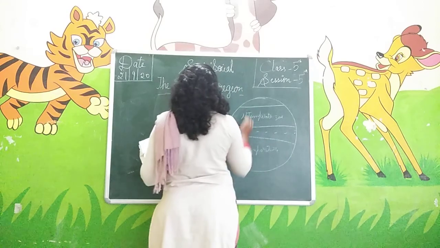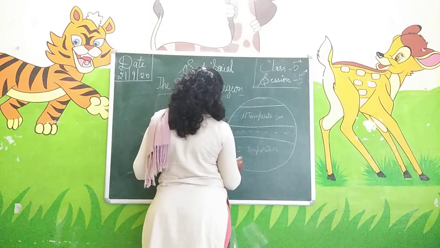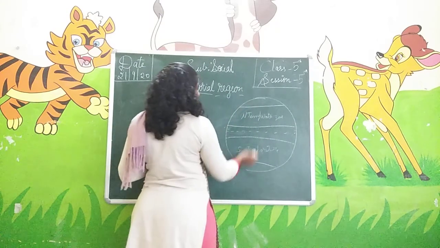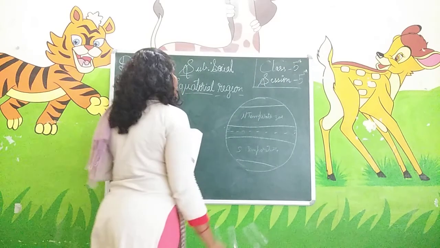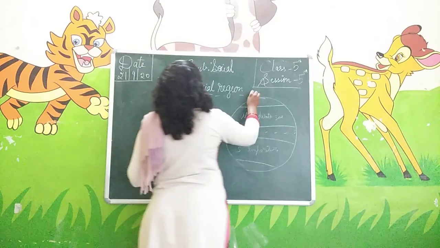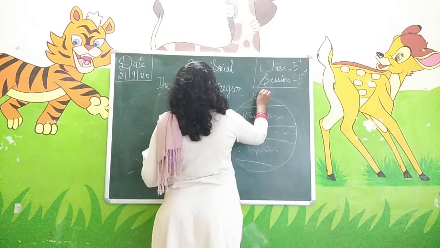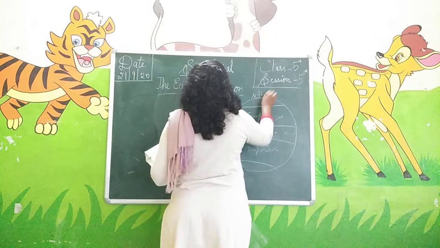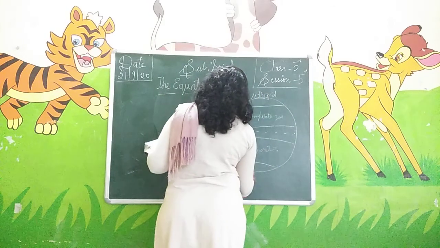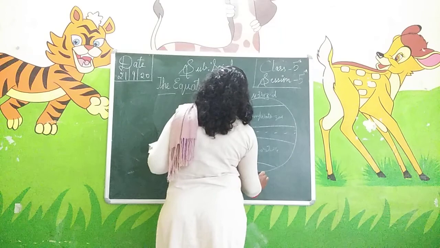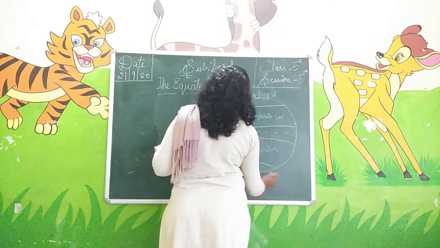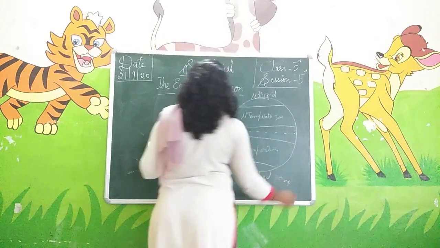This is north and this is south. Above this and below are the poles. This is the freezer zone, north freezer zone, and below is the south freezer zone. Okay, children.